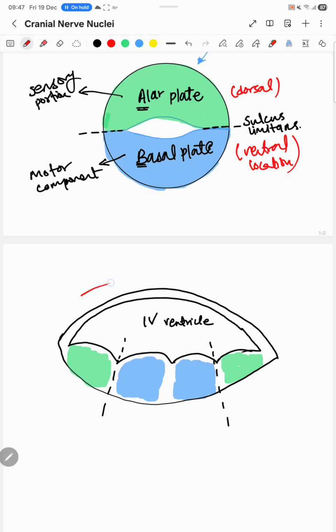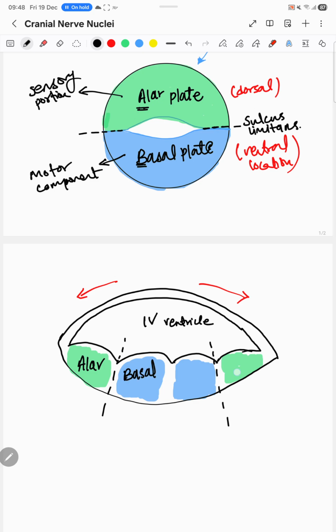Let me show you guys this. This is the latest movement of these alar plates. Now let's also label these. These were the alar plates, and these were the basal plates, right?